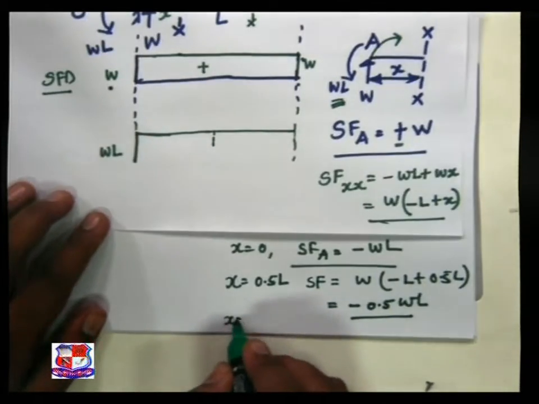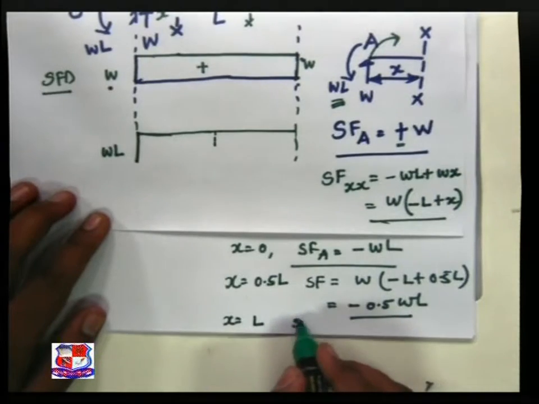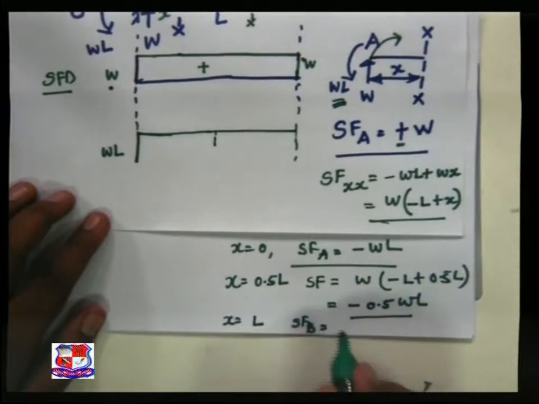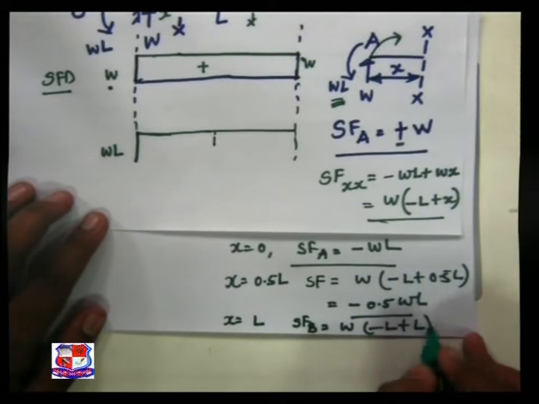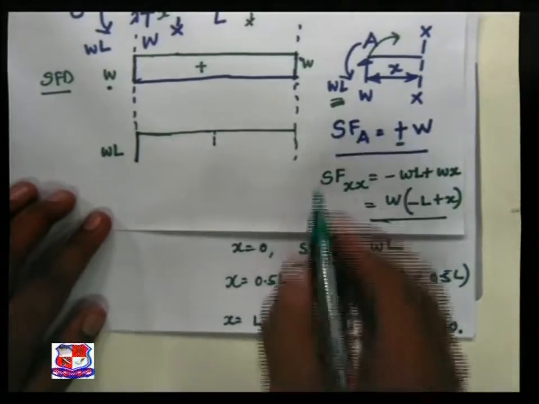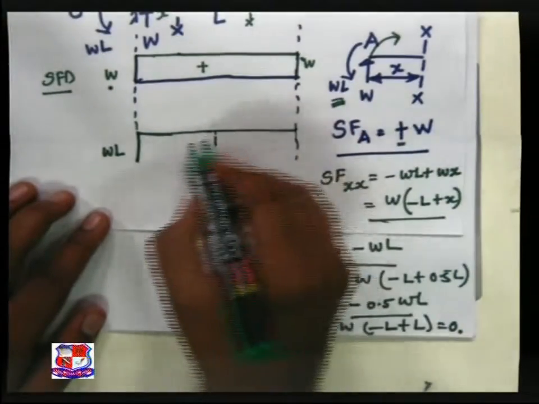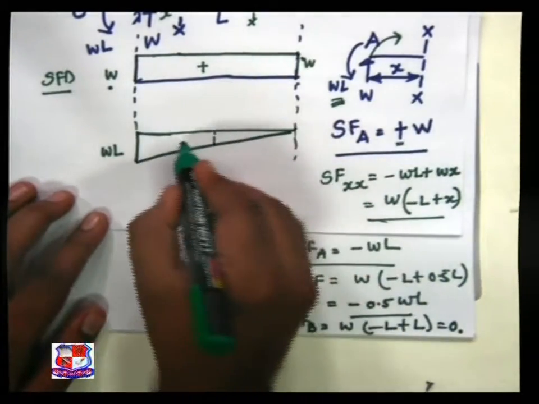If we take X equal to L, that is at B, then BM at B is equal to W times minus L plus L, and this comes to be 0.